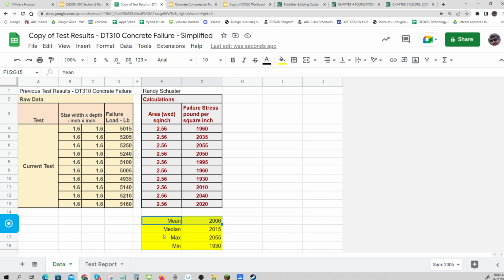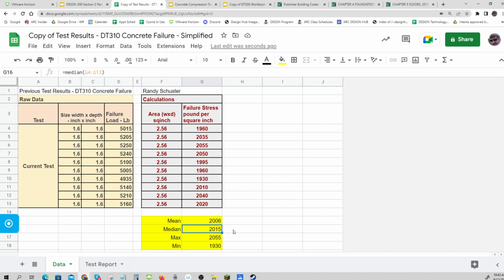But sometimes people want to know, what's my middle value? What value is right in the middle of all these? Okay, and that's hard to tell because these aren't in order. But Google spreadsheet does that for me. So the middle value, right smack dab in between the high and the low, is the median.